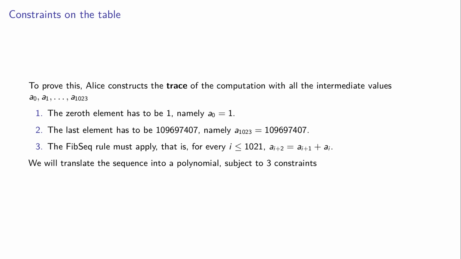Now what we are going to do, which is typical of SNARKs, we will translate this sequence into a polynomial, and we will take these constraints and translate them also into polynomials. So there we go.